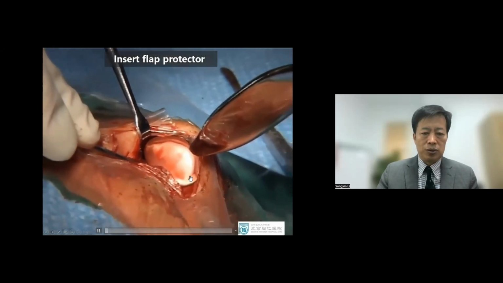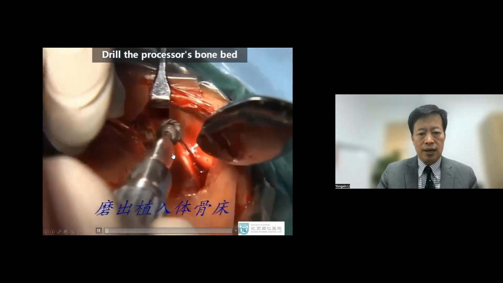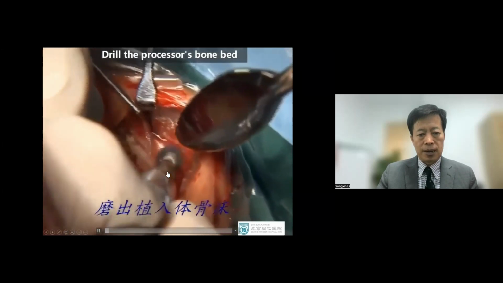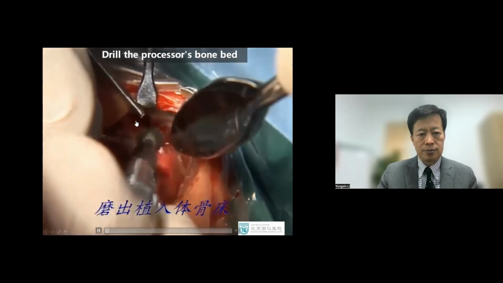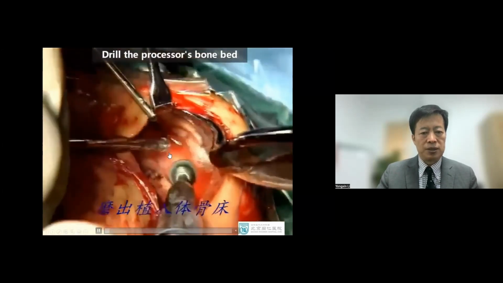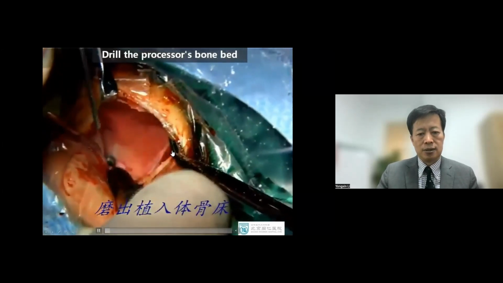So from now we use the skin protector to open this, and under this we can drill the bed. You can see the bed, and it is not easy to cause flap injury because we use this skin protector.